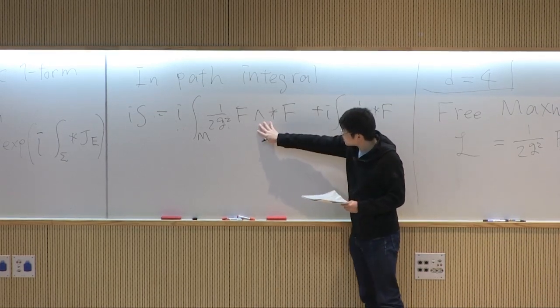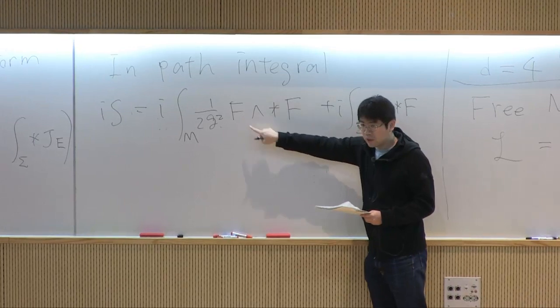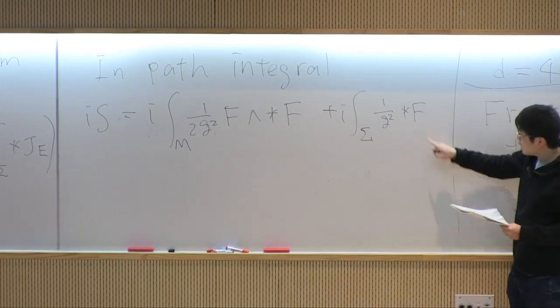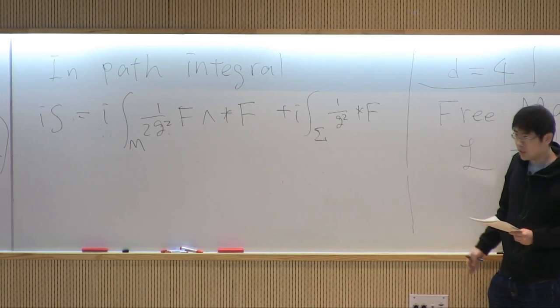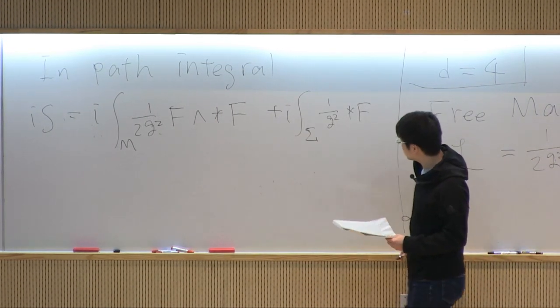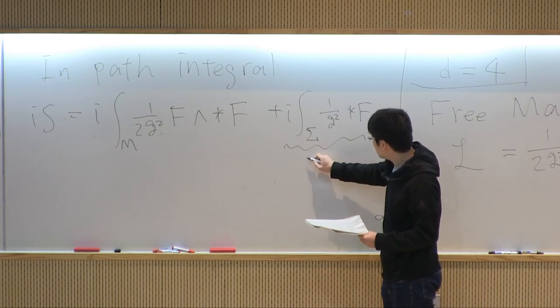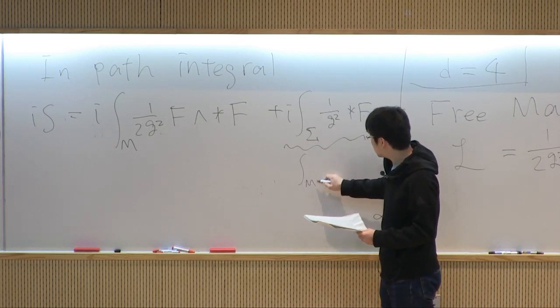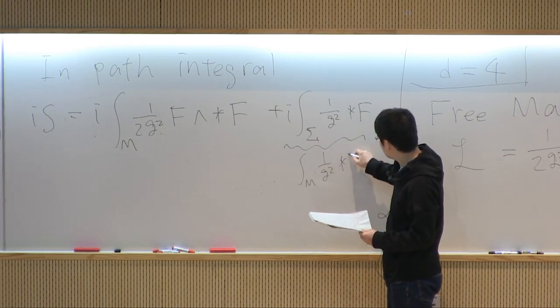Now this first term is quadratic in the field strength, and this second term is linear, so we can complete the square. For this purpose, we can rewrite this term as an integral over the entire space-time of the Hodge dual of F.